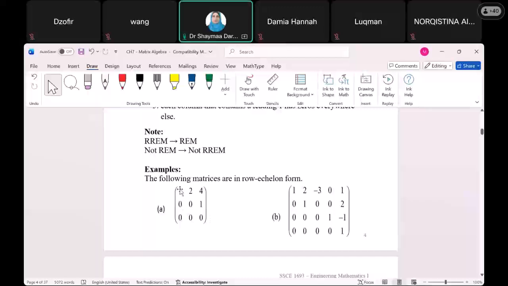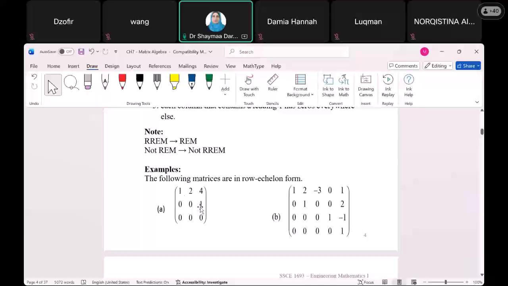Okay, the first non-zero number is 1. Here also in the second row, the first non-zero number is 1. So in each non-zero row, the first non-zero number is 1.